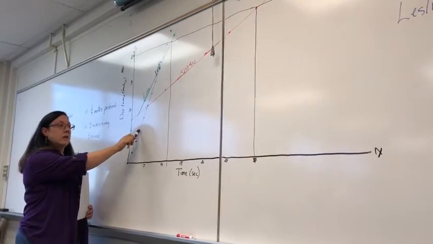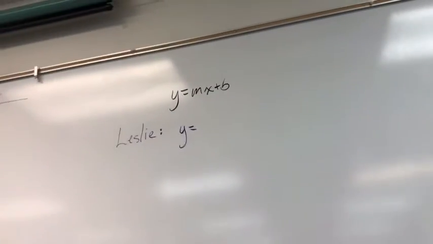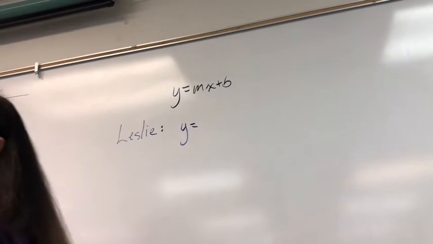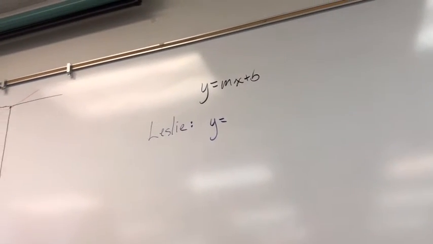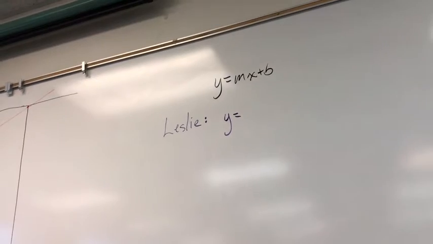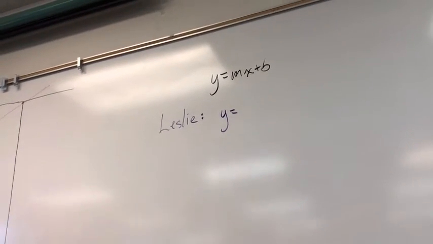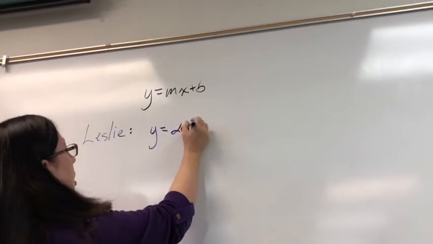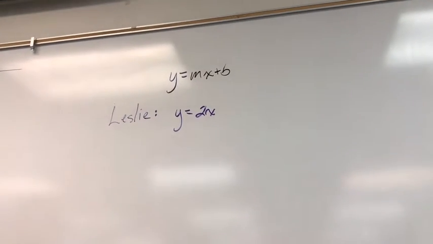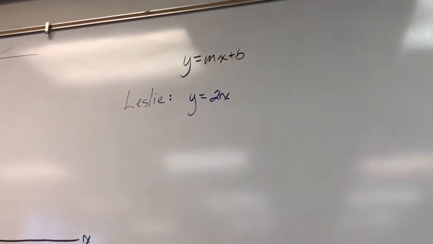What is it, guys? 2 over 1. Good. So Leslie, and she starts at what? Okay, Nico, wait up here. 0. Yeah, she starts at 0. Okay, so y equals 2x is all we have for Leslie. If you want to put 2x plus 0, that's fine, but it's really not necessary.